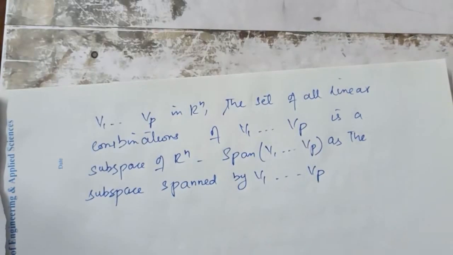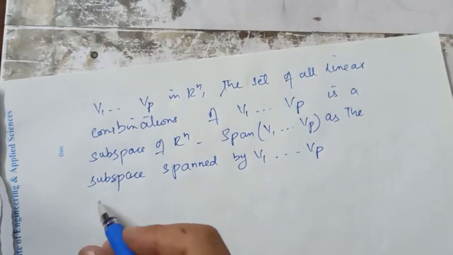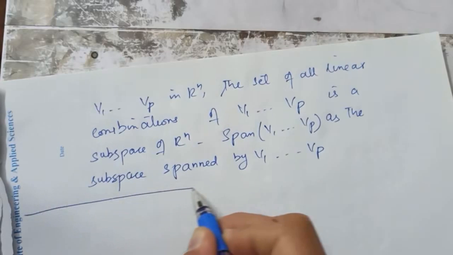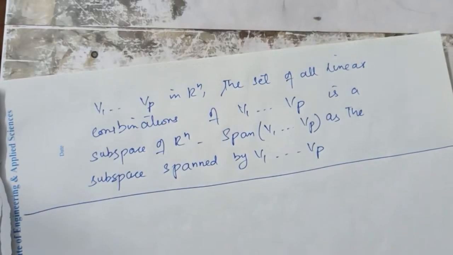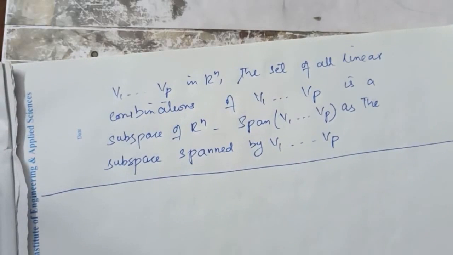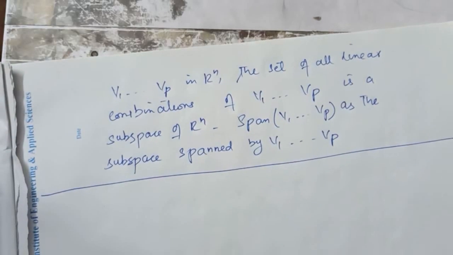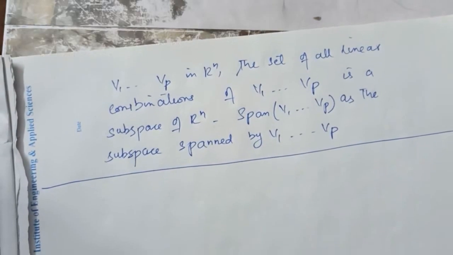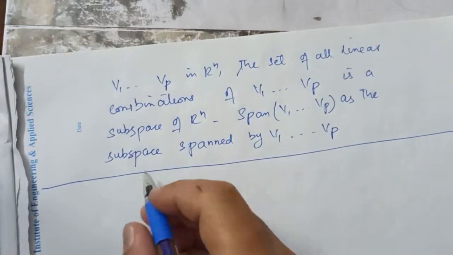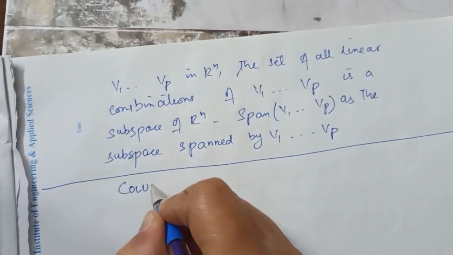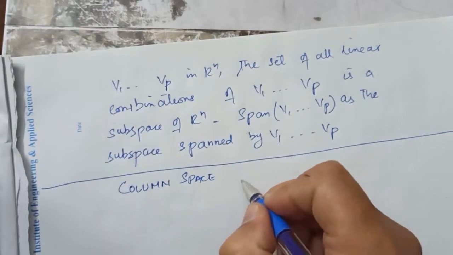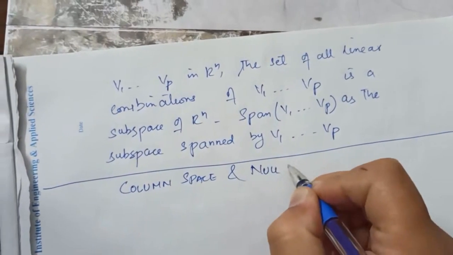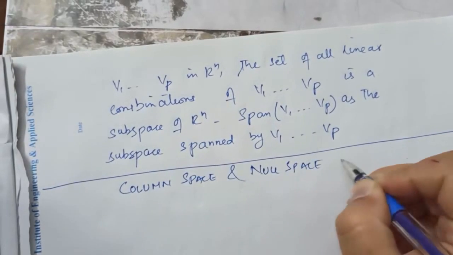Okay, now since we are dealing with matrices, not only vectors, we can also define on similar lines the column space and null space of a matrix.